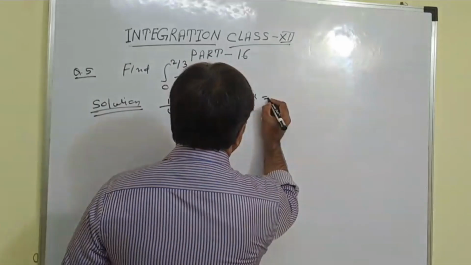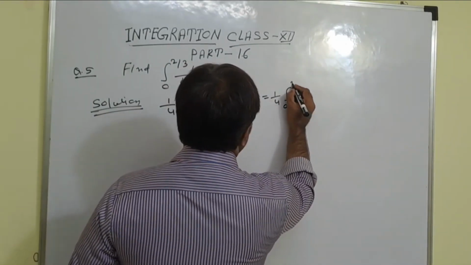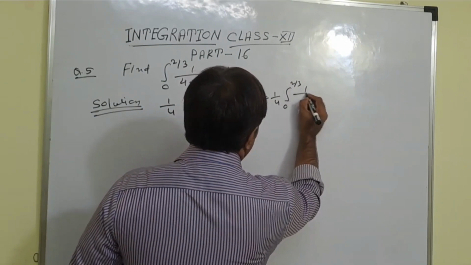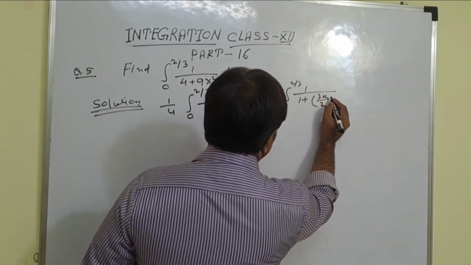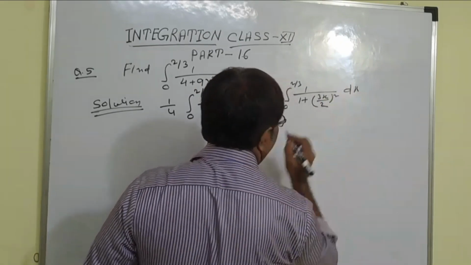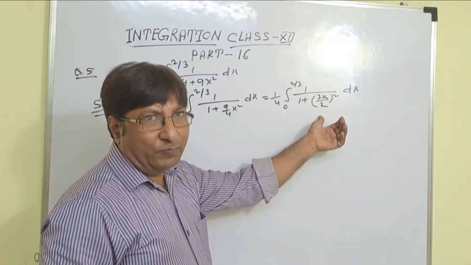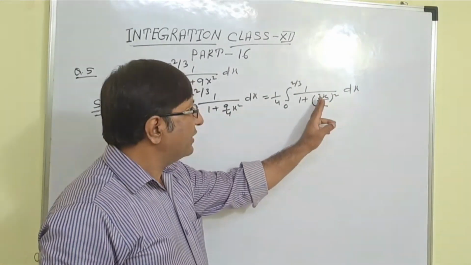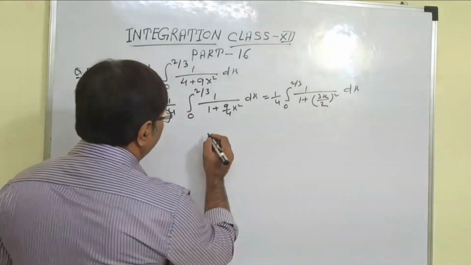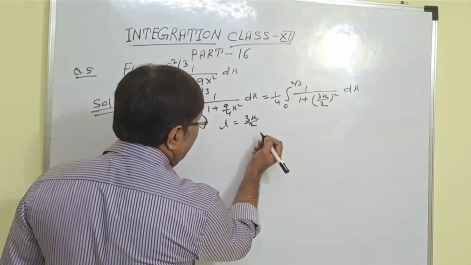So we can write 1 by 4 times the integral from 0 to 2 by 3 of 1 upon 1 plus 3x by 2 whole square dx. Right? Now this is 3x by 2, so just put t equal to 3x by 2.